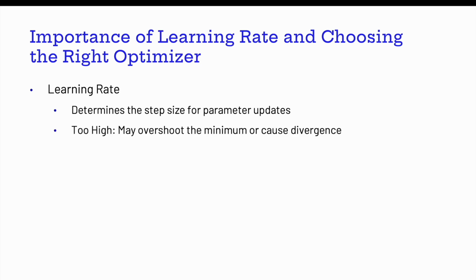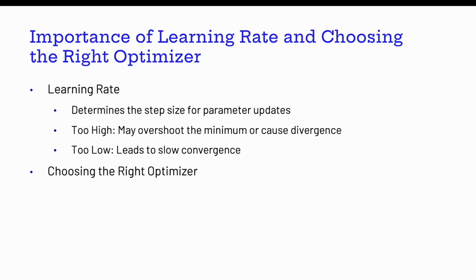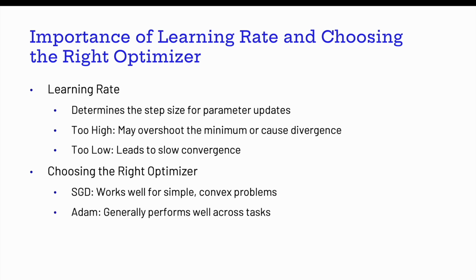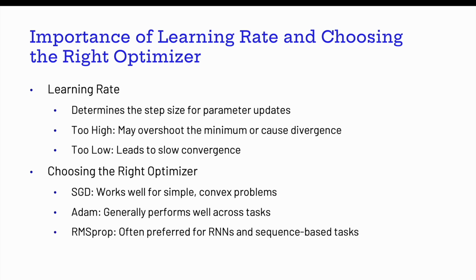If it's too high, it may overshoot the minimum or cause divergence. If it's too low, it leads to slow convergence. As for choosing the right optimizer, SGD works well for simple convex problems. Adam generally performs well across different tasks, and RMSprop is often preferred for RNNs and sequence-based tasks.